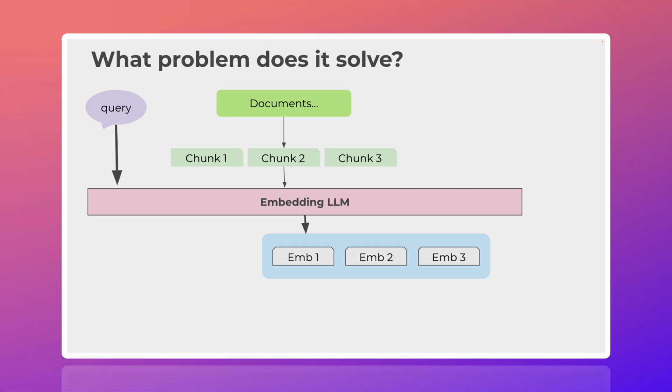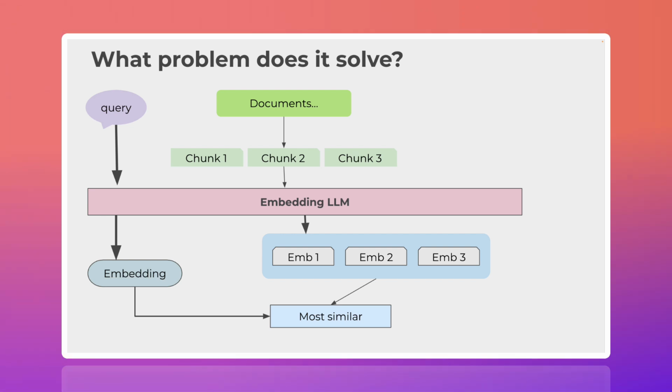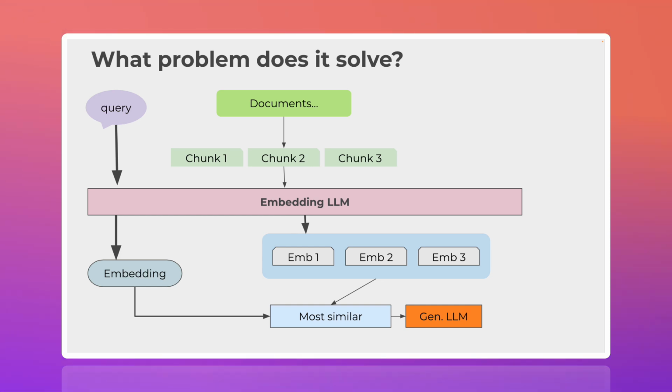Those embeddings are saved somewhere, and then a query comes in and goes through the same process of embedding, right? And then that embedding is what's used to do a similarity search internally in a vector database, so that we can then pass all that information through a large language model, and of course get the response.